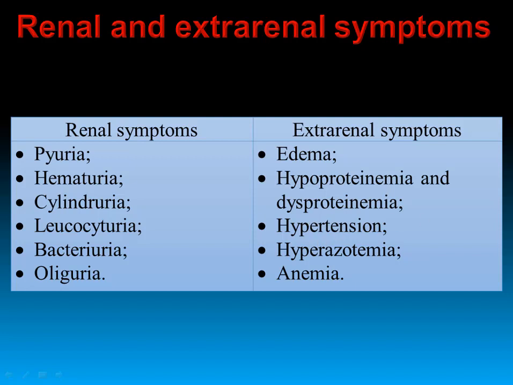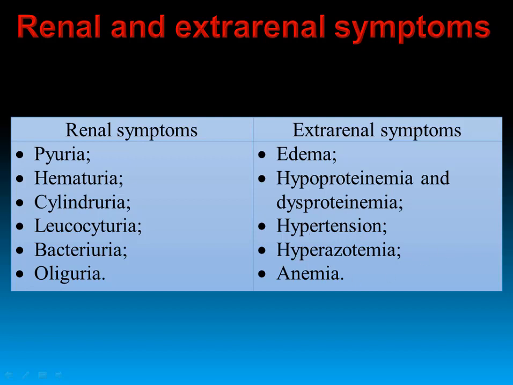Hypertension. Hypertension is a clinical manifestation and it means increased blood pressure. Because kidneys are organs which very actively participate in saline-water balance, and because kidneys are responsible for production of renin, which is the initial component of the renin-angiotensin-aldosterone system, any damage to the kidneys can lead to hypertension.